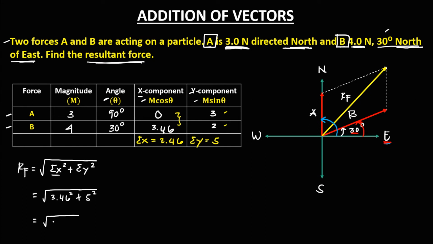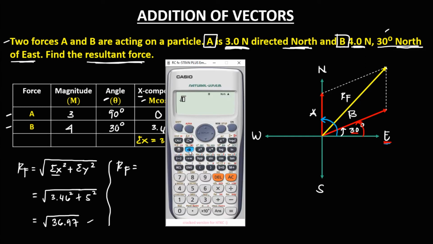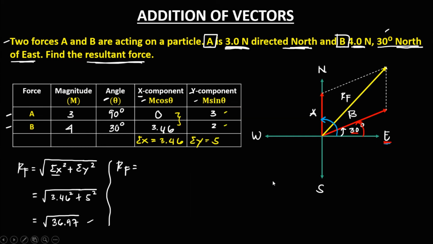So we have the square root of 36.97. To find the resultant force, simplify this one: the square root of 36.97 equals 6.08. So the resultant force is 6.08 Newton.